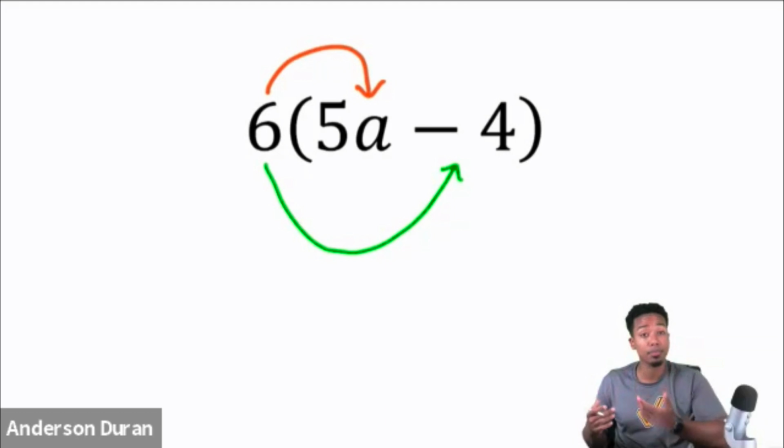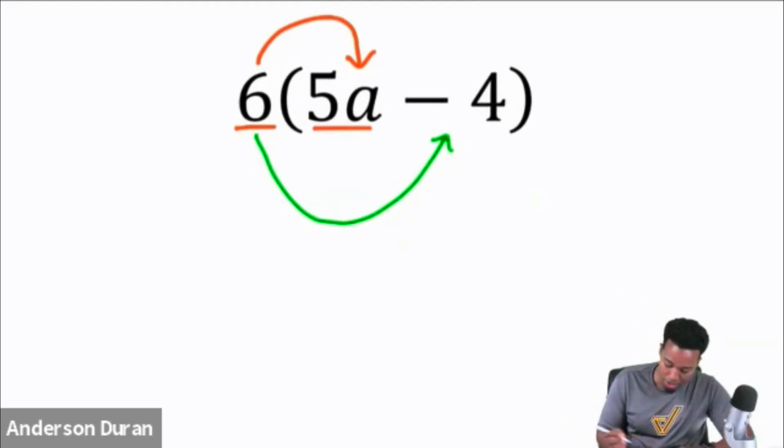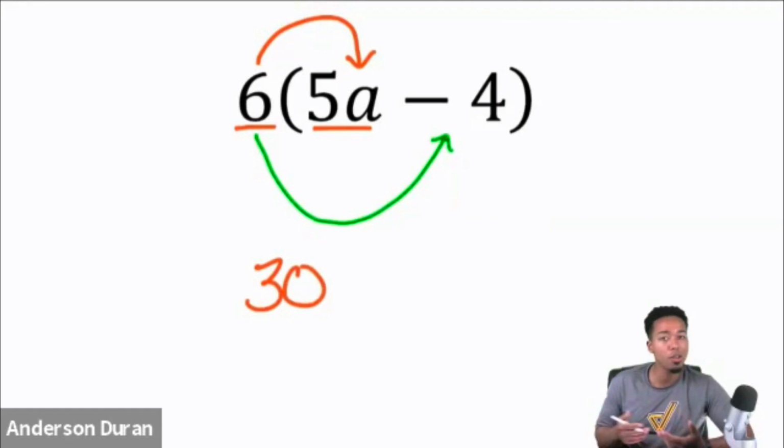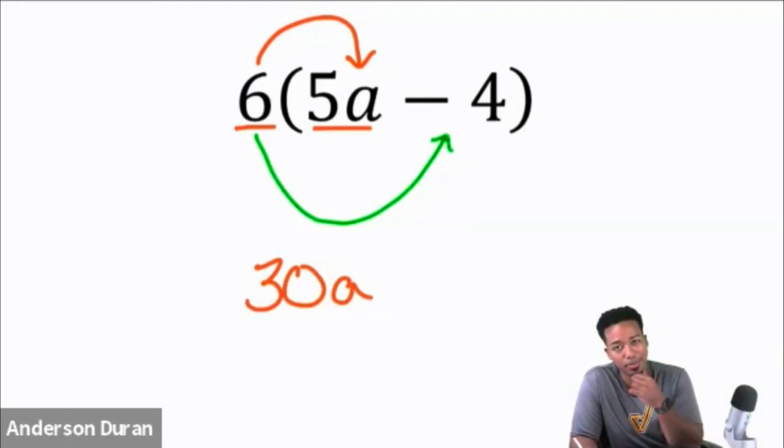And so because of that, let's take care of business. We're going to have 6 multiplied by 5a. Everybody, 6 multiplied by 5 is, hit me, 30. And because there's no variable on the 6, it's just going to stay 30a. Then over here in green, we got 6 multiplied by -4. So everybody, what's the sign going to be, positive or negative?